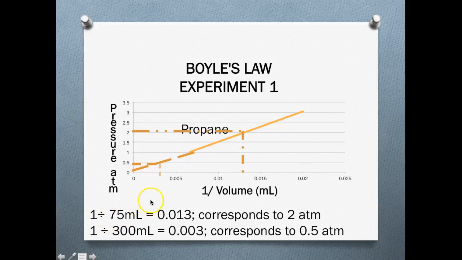If you look at where 1 divided by 75 ml, which is the 0.013, falls, and then you bring that line up to the y-axis, that corresponds to 2 atmospheres. And then 1 divided by 300, which is 0.003, and then again it cuts the plot on the y-axis at 0.5 atmosphere. And we'll have to stop here and continue this in the next video.